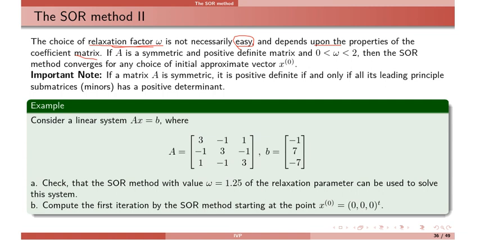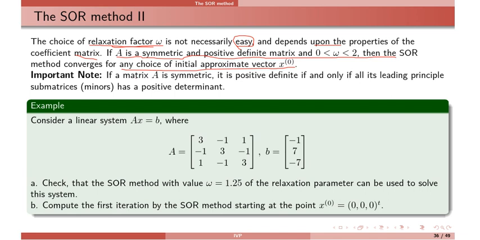One theorem says that if the matrix is symmetric and positive definite and omega is from 0 to 2, then this method converges for any choice of initial approximation vector x0. And there are two techniques here: if omega is from 0 to 1, they are known as under-relaxation, and if omega is from 1 to 2, these techniques are known as over-relaxation.